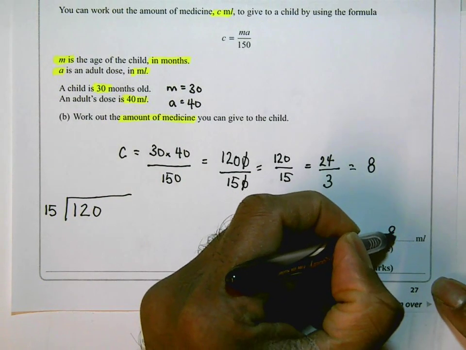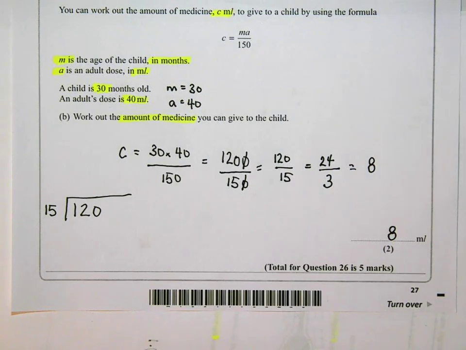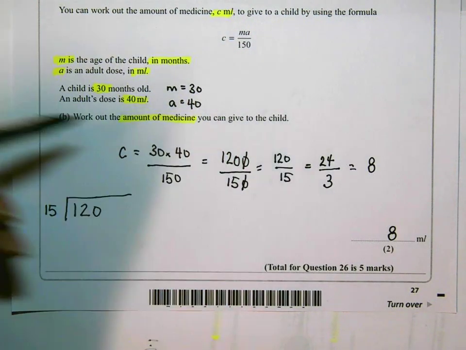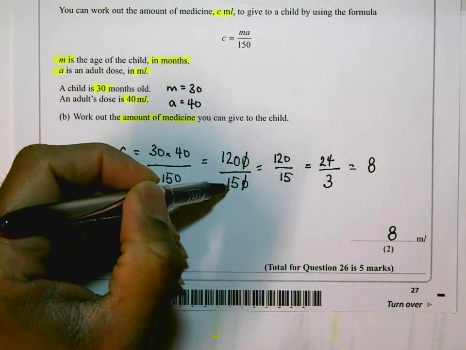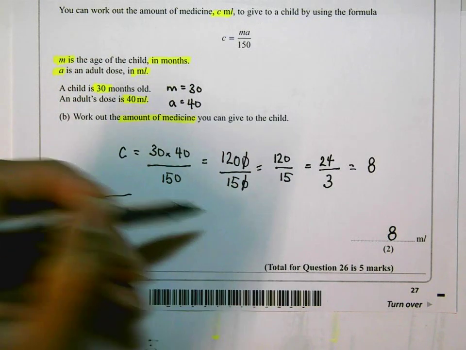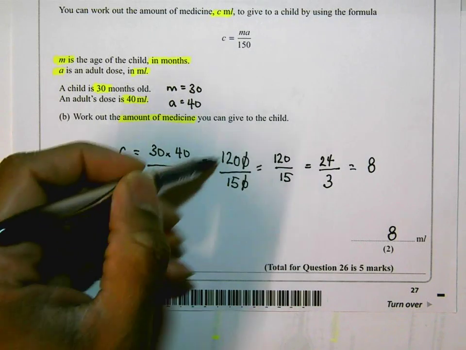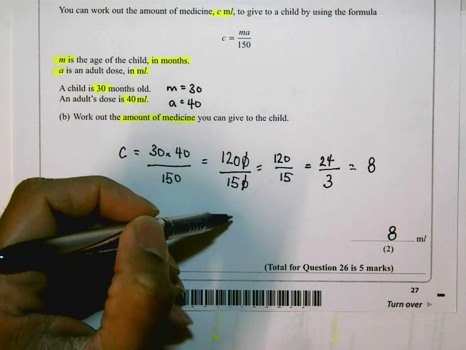Now, it's really important that you break this question down into simple steps. Think about what you're doing at each stage. One way I've seen people do this last bit of dividing in both of these cases is they write down several lots of either 15 or 150 and add them up as they go along, working their way up to either 1,200 or, as I've done it here, simplified it to 120.